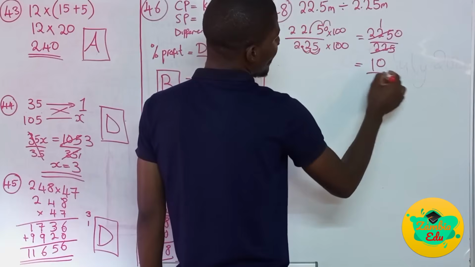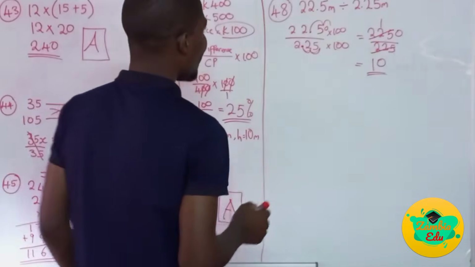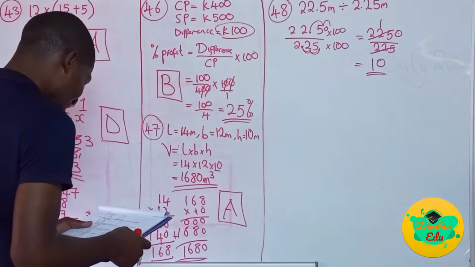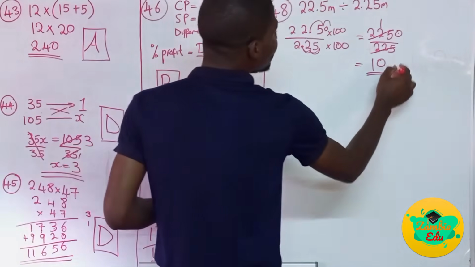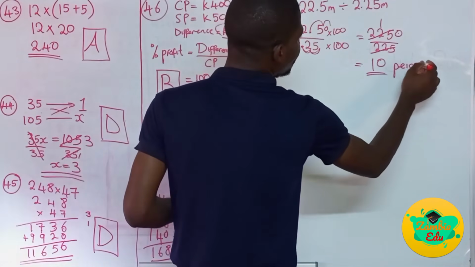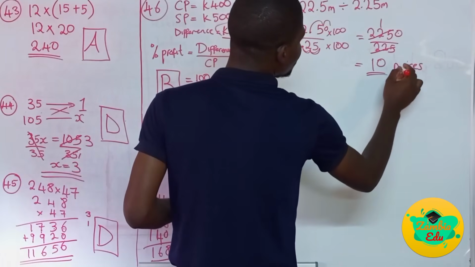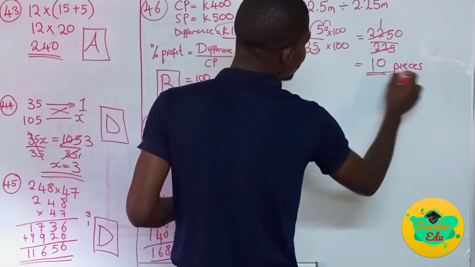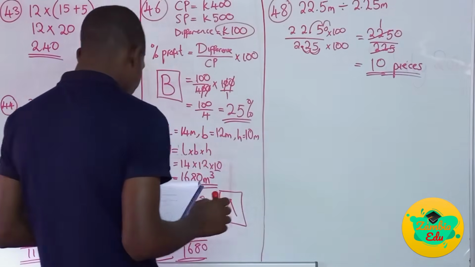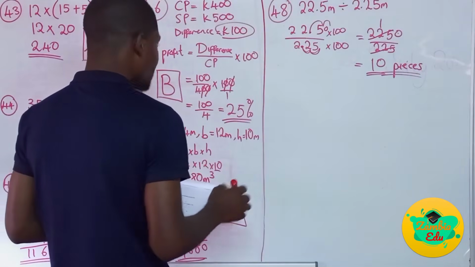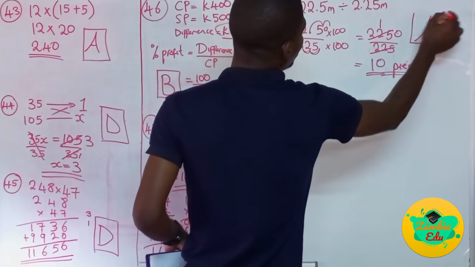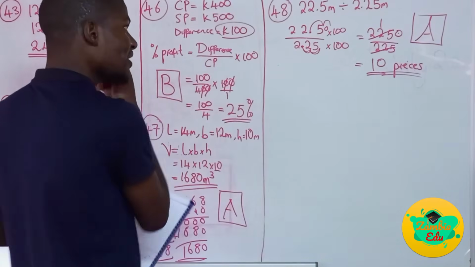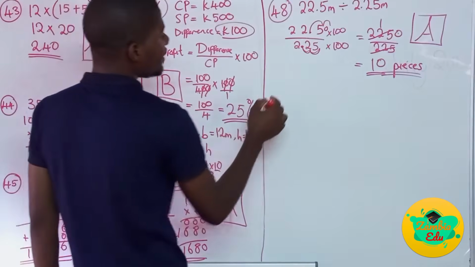So we have our 10 there being our answer, and 10 will represent the number of pieces which can be cut from that same string, and 10 pieces was represented as option A. So A was our answer for question 48.